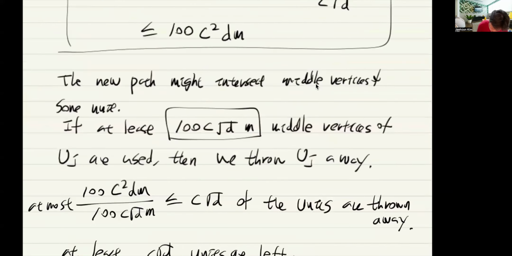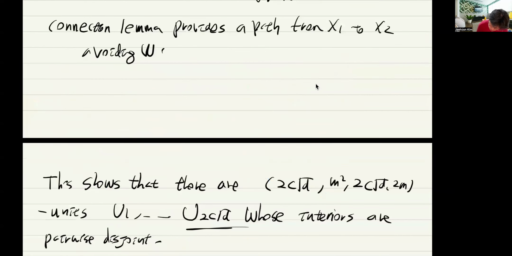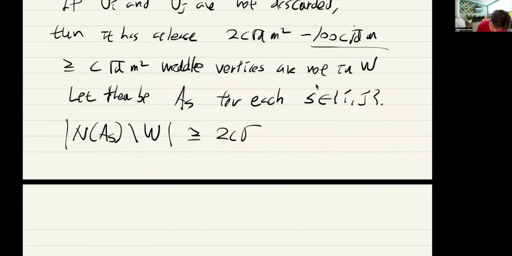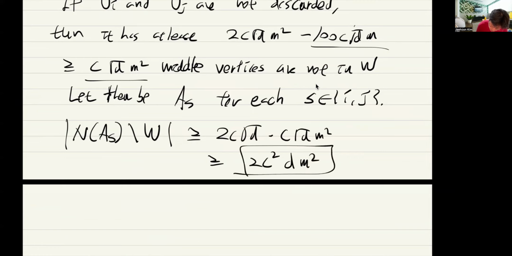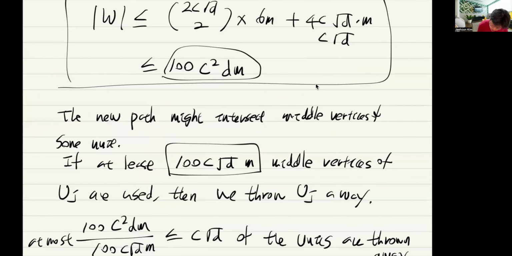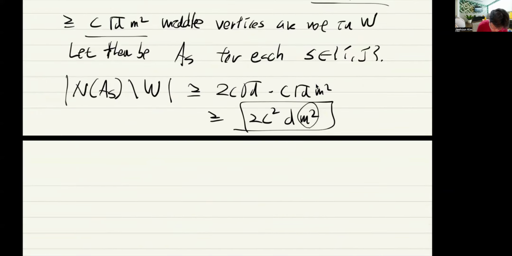So this neighborhood has size at least what? Depending on the degree here, 2c square root of d times this c square root of d m square, which is 2 c squared d m square.